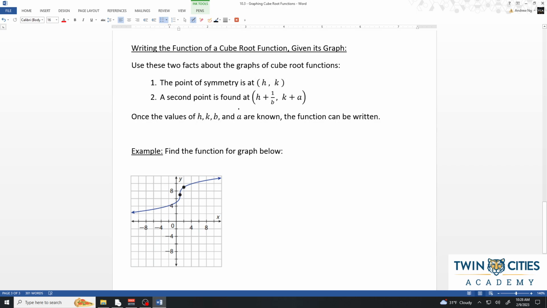My second point here, though, is going to be at (h plus 1 over b, k plus a). So let's take a look here. I want to identify these 2 points to start out with. So on my graph, I'm going to have the point of symmetry. This is always at (h, k).